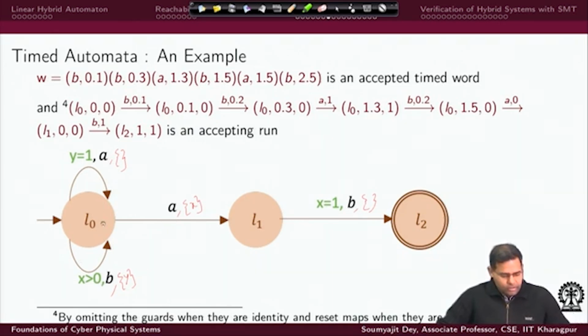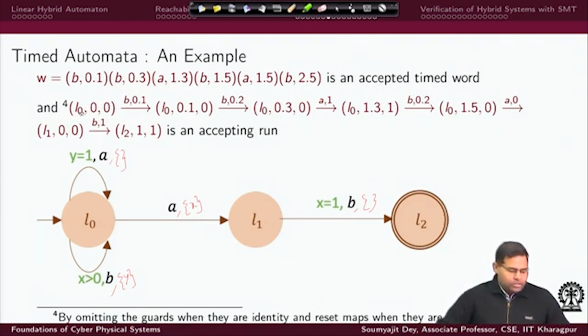Now from L0, based on an A, you can also move on to L1, and while you do that you will reset x, and when x has again elapsed to 1 and a B comes, then you can move on to L2.